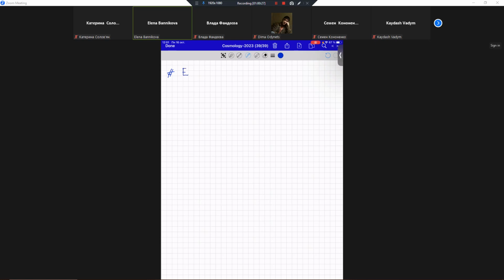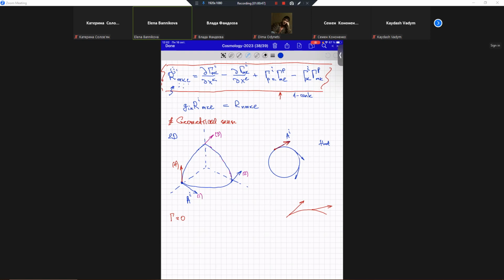For some example metric, for calculation of Christoffel symbols, because as you understand, to obtain the components of the Riemann tensor, we need to know the components of Christoffel symbols.